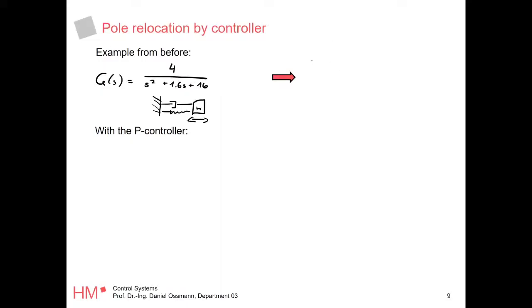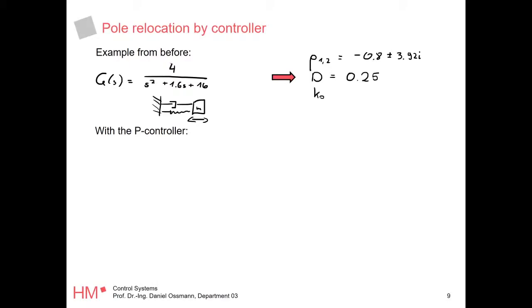Okay, what did we say? We have poles of this system. You solve with the quadratic formula, and you end up with minus 0.8 plus minus 3.92 i. So it's definitely going to oscillate. This is confirmed if we compute the damping, which is 0.25.